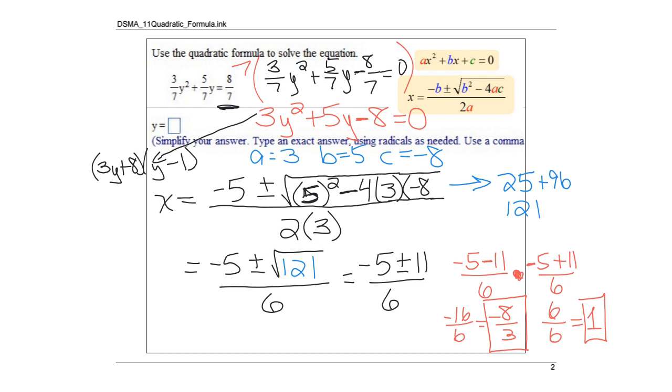So 3y squared, 5y minus 8. Yeah. And so we would have found the same answer. But you don't have to factor. If you don't want to factor, you can throw this into the Casio and let the Casio do the quadratic formula for you. Okay, let's try another.